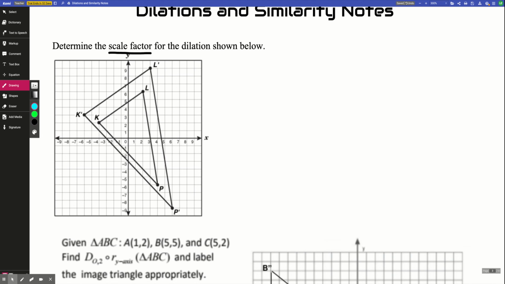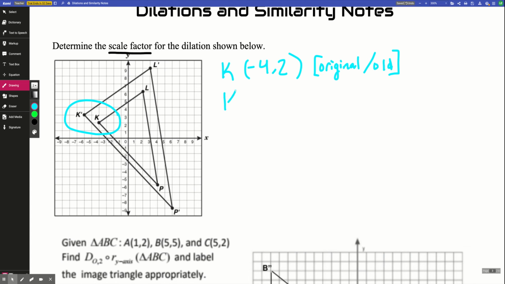So I'm going to choose the K's right here and work with those. My original point, the original point K, is (-4, 2). So this is my original, or you could say my old coordinate point.